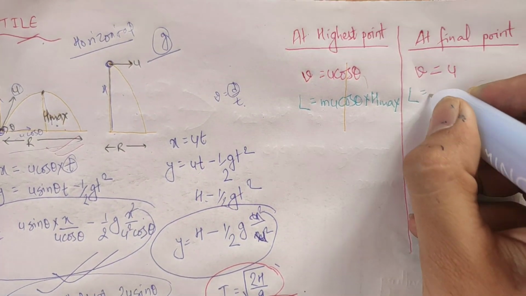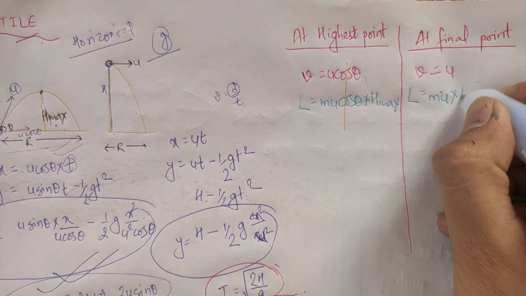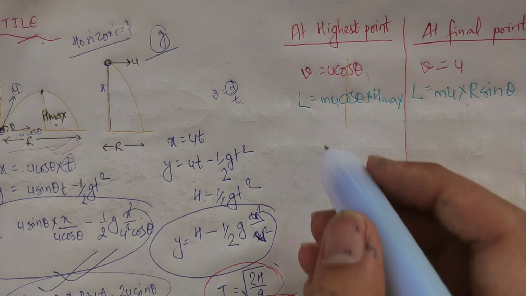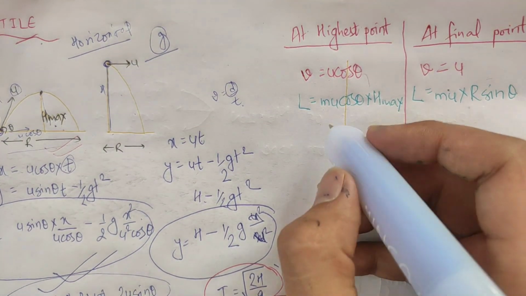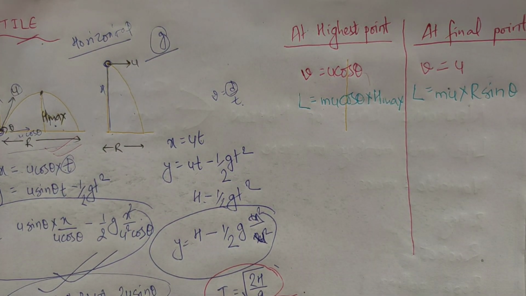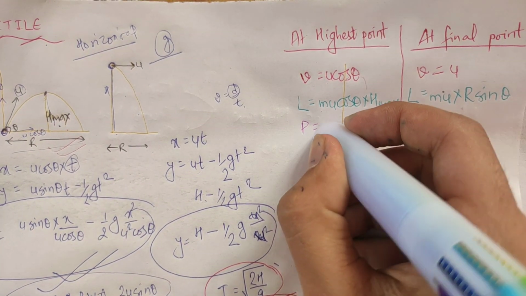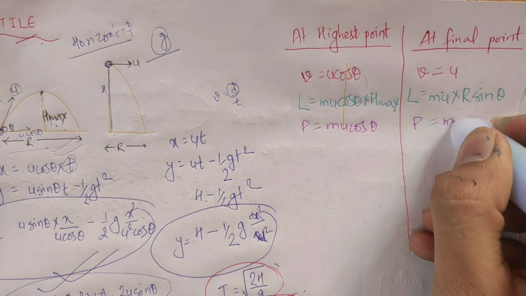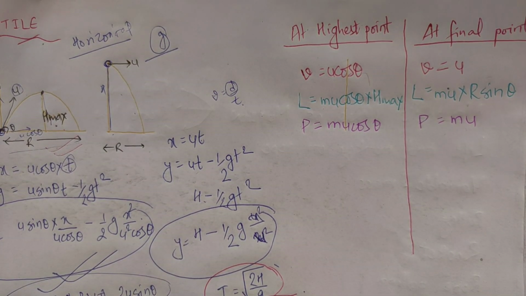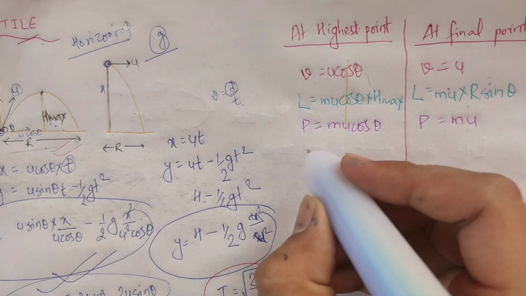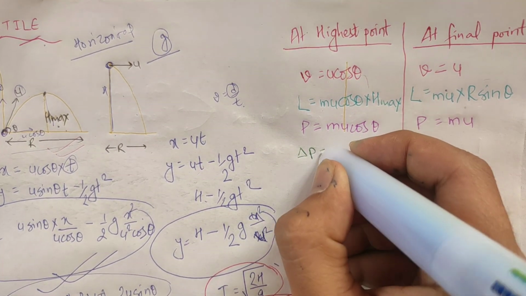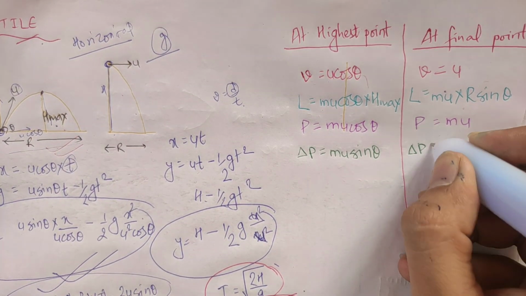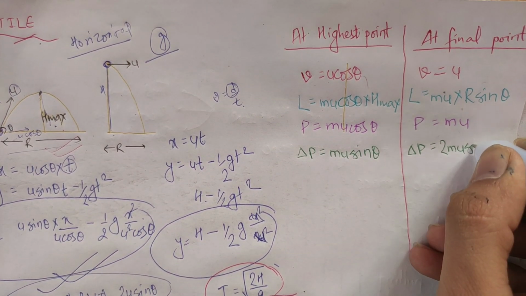Here L is m u into r sin theta. I forgot linear momentum. So linear momentum P is equal to m u cos theta here, and here P is equal to m u. Then we have change in momentum equal to m u sin theta, and here change in momentum is equal to 2 m u sin theta.